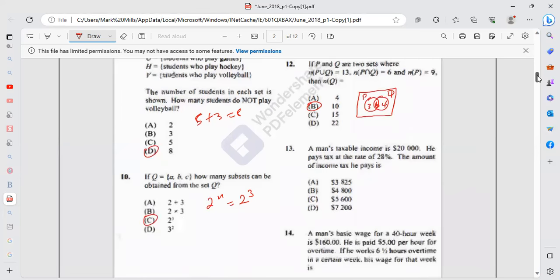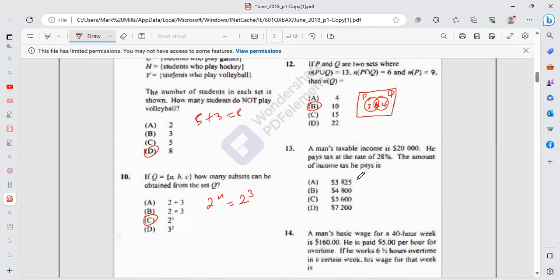Number 13. The man's taxable income is $20,000. His tax rate is 28%. The amount of income tax, how will I work this out quickly? What will I do here?